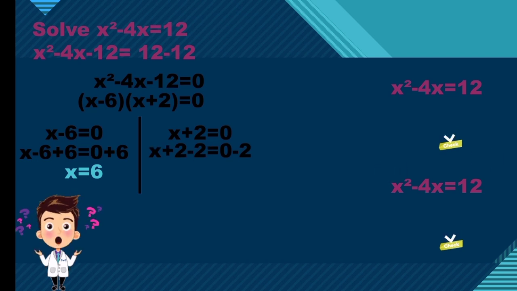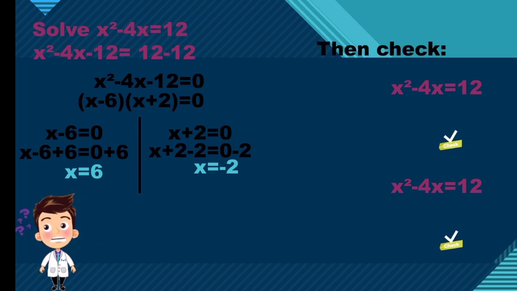For x plus 2 equal to 0, the additive inverse gives x plus 2 minus 2 is equal to 0 minus 2. So the answer is x is equal to negative 2. So let's try to check.